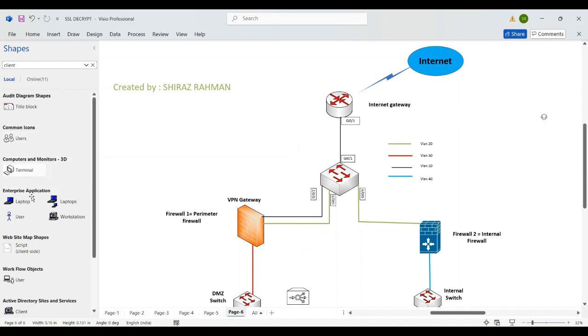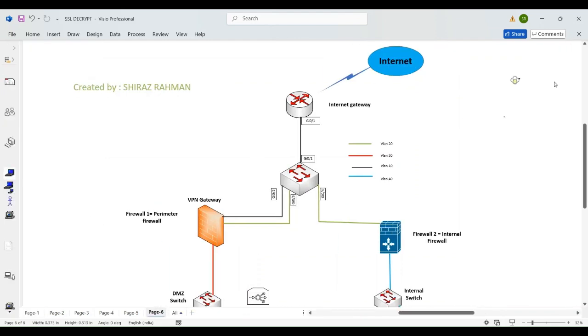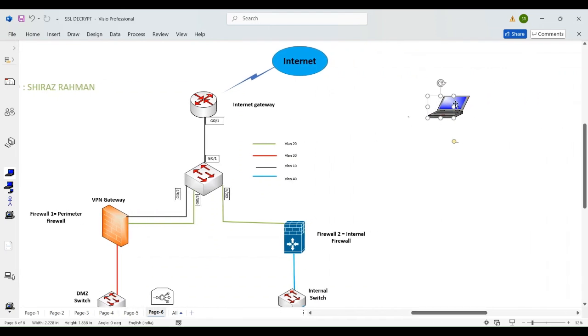Or some laptop, right, sitting over here, right? So we have some client sitting in the outside world.